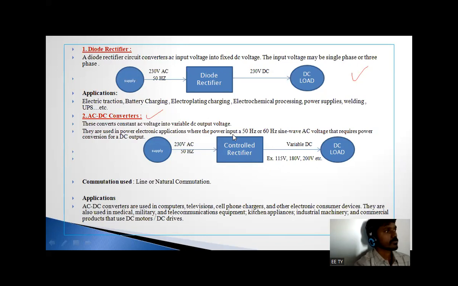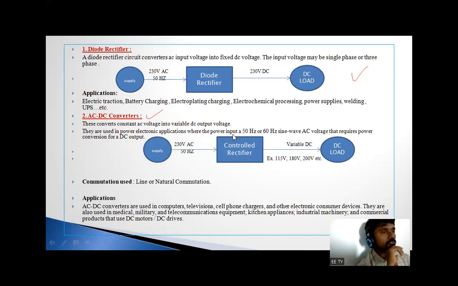Let's write down. AC to DC converters, in bracket write phase controlled rectifiers.